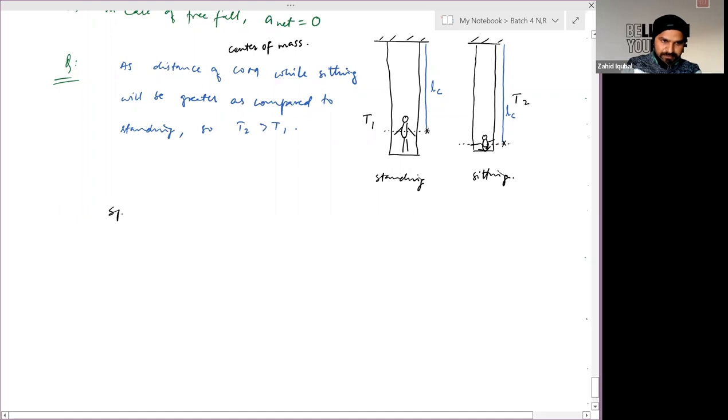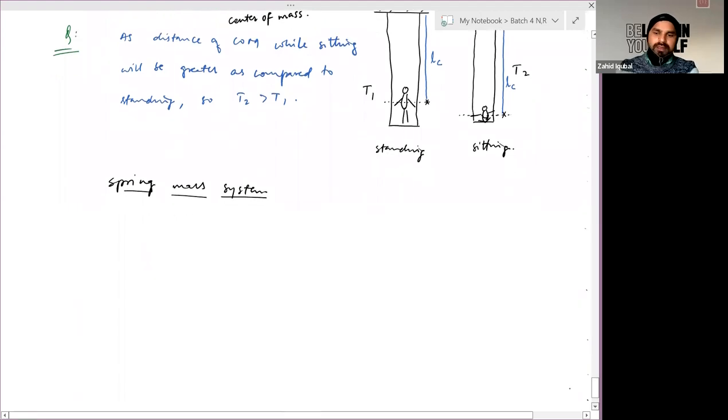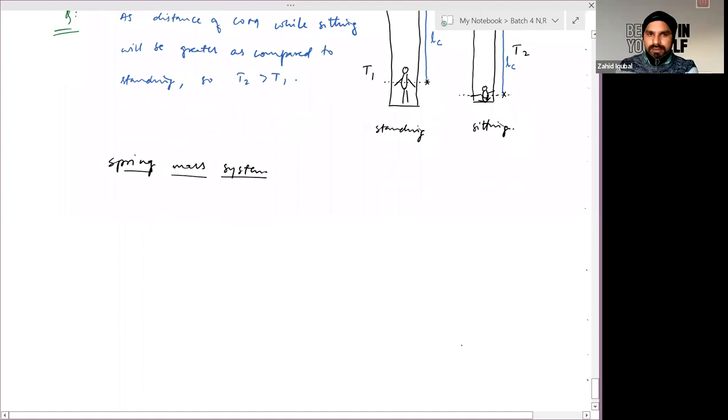Next is the spring mass system. First, we have to calculate how the spring constant is related to length. So first is the spring constant.